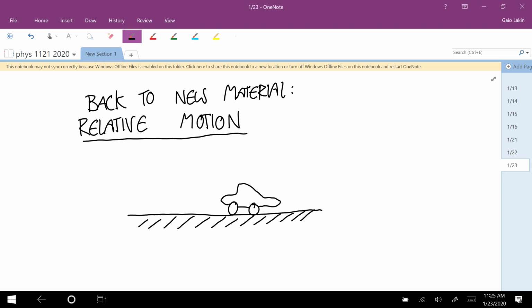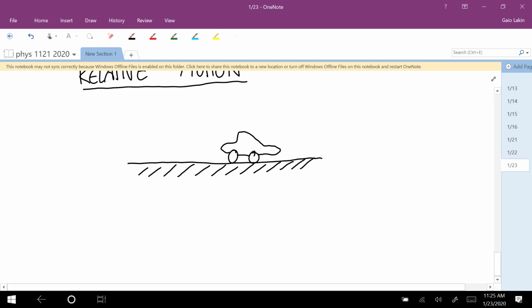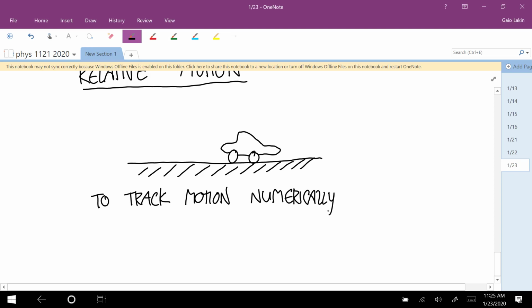Okay. So to track this object's motion numerically, you need to choose a positive direction and a 0 position.